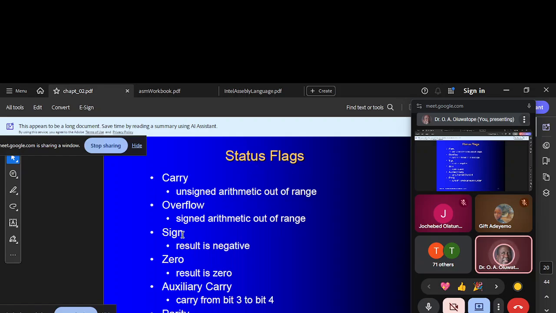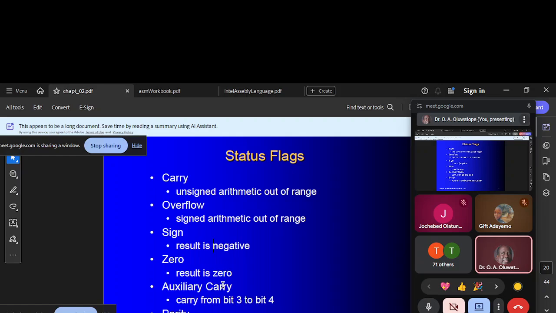Another status flag is sign. If an operation resulted in a negative, -1 times +1, that operation should result in -1. -1 is represented as a sign, and then the sign bit is raised. If an operation results in a 0, then a zero bit is raised. There's what is called an auxiliary carry. If there's a carry from bit 3 to bit 4, an auxiliary carry signal is raised.